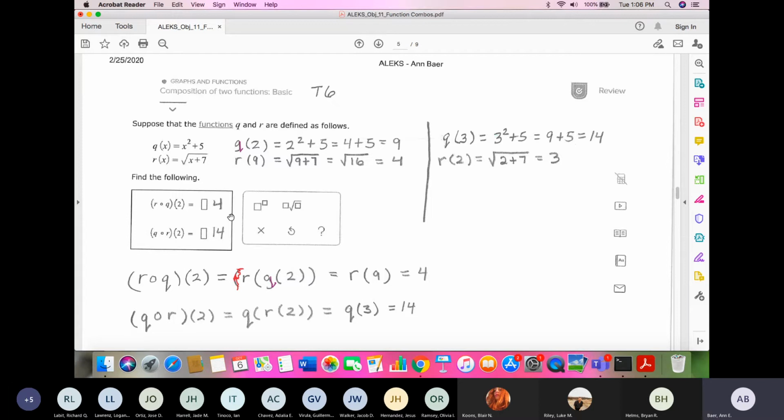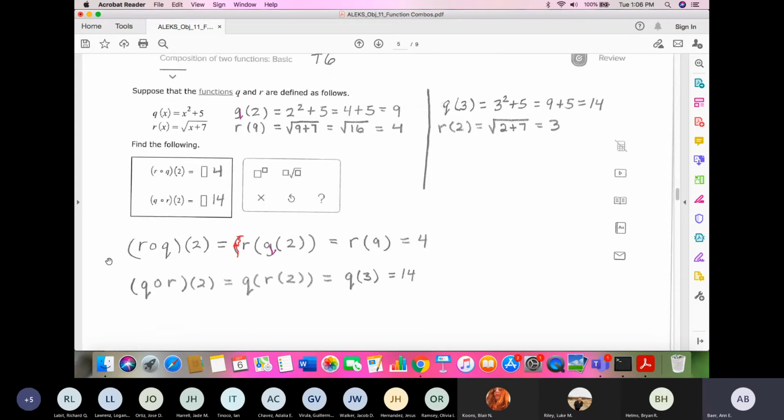This means that composition is not commutative. Addition is commutative because we can add in any order. Multiplication is commutative because we can multiply in any order. Composition is not commutative because we don't get the same answer. We're not guaranteed to get the same answer. So order matters here, very much so.